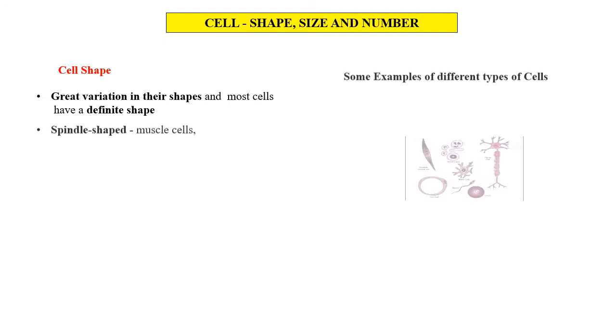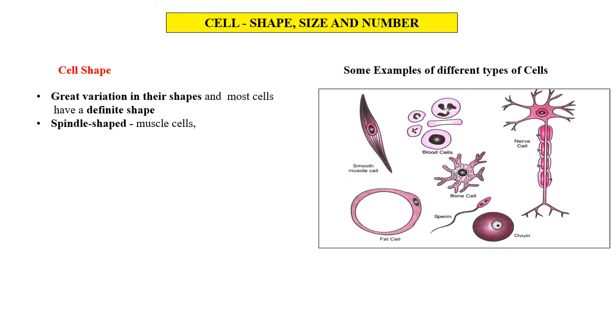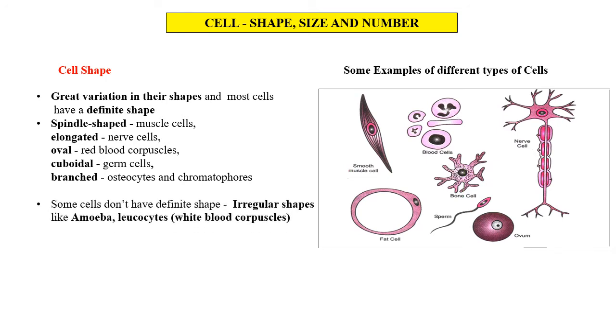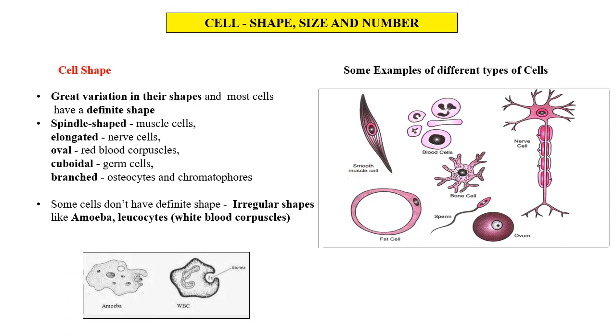Cells may be spindle-shaped like muscle cells, elongated nerve cells, oval red blood corpuscles, cuboidal germ cells, branched osteocytes and chromatophores, and so on. Some cells may not have a definite shape, that is, they have irregular shapes like amoeba and leukocytes or white blood corpuscles.